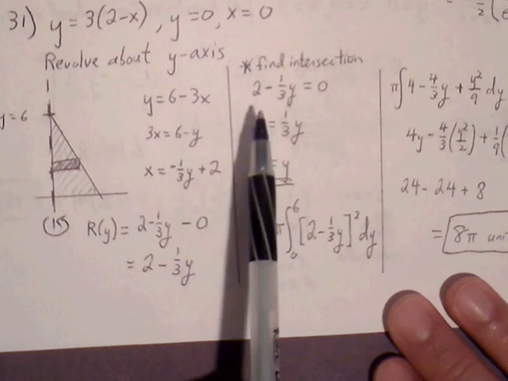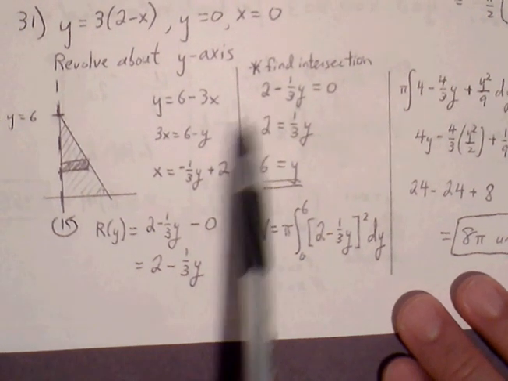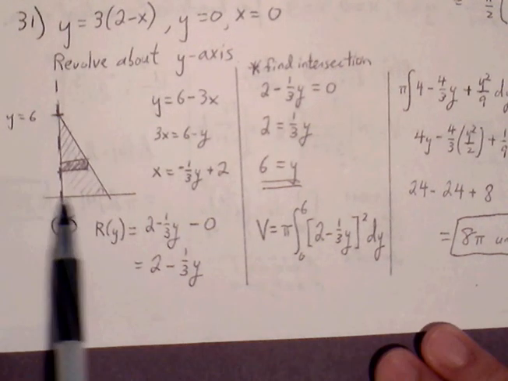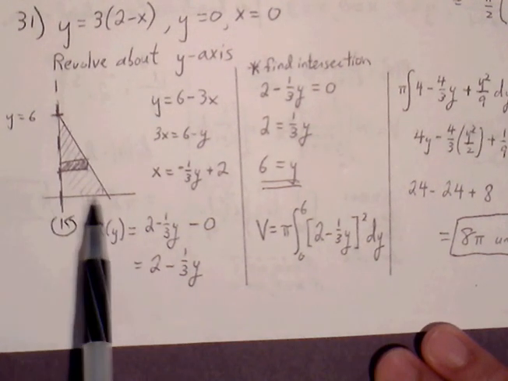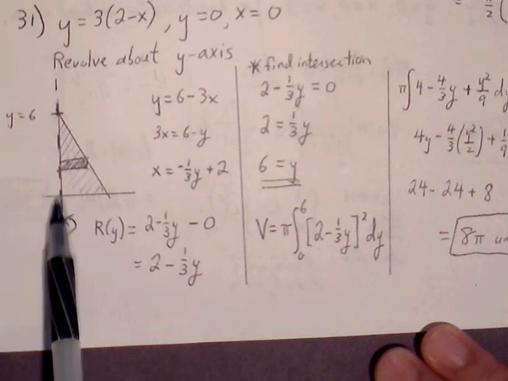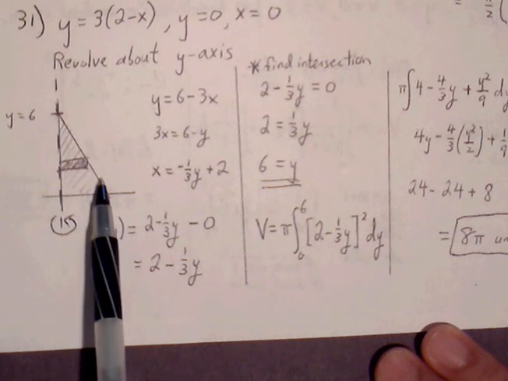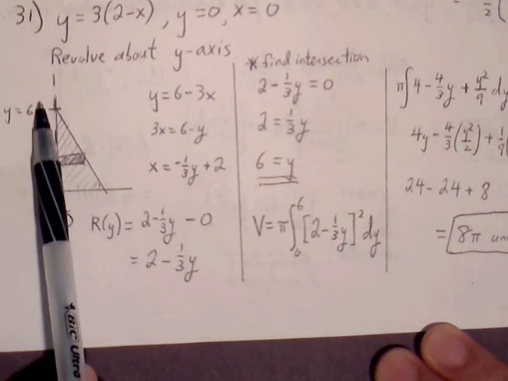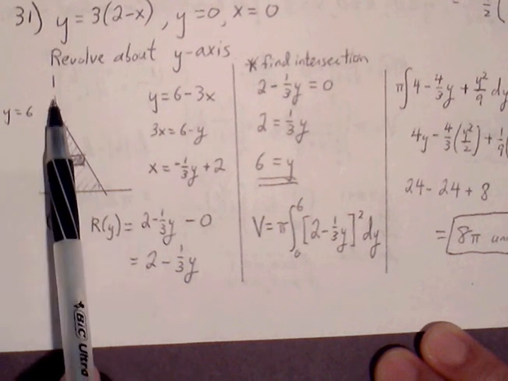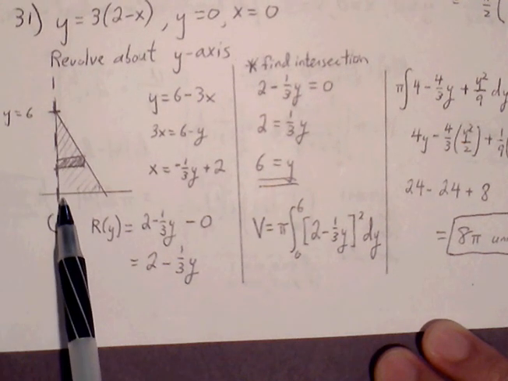We also need to find our intersections because everything's in terms of y. We see from looking at the graph that the lowest y value is 0, but the highest y value of the shaded region is going to be at the vertex of this triangle. So the way we do that, we set the equation of this line with this line x equals 0.